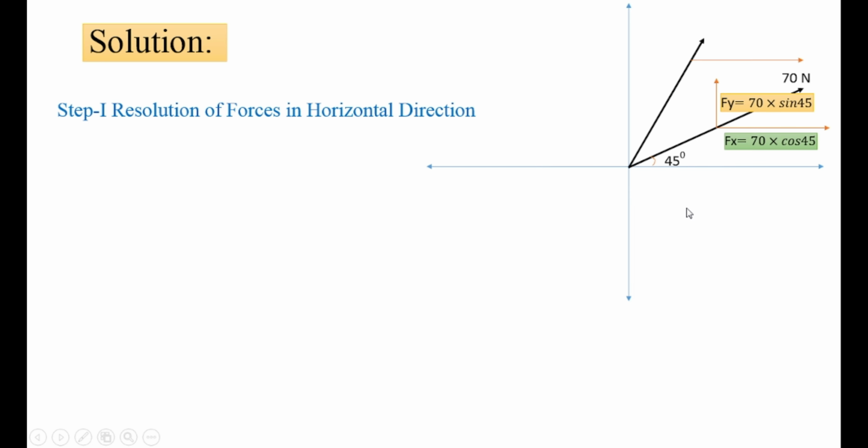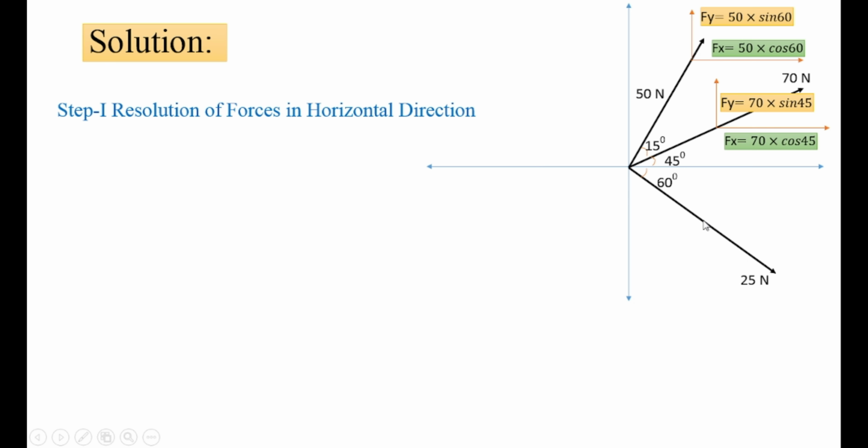The next force is 50 Newton. It makes an angle of 60 degrees with the horizontal. So this is the horizontal component of the inclined force. Its value will be F cos theta, that is 50 cos 60. And the vertical component will point upward and its value will be 50 sin 60. The next force is 25 Newton. Its angle with the horizontal is 60 degrees.